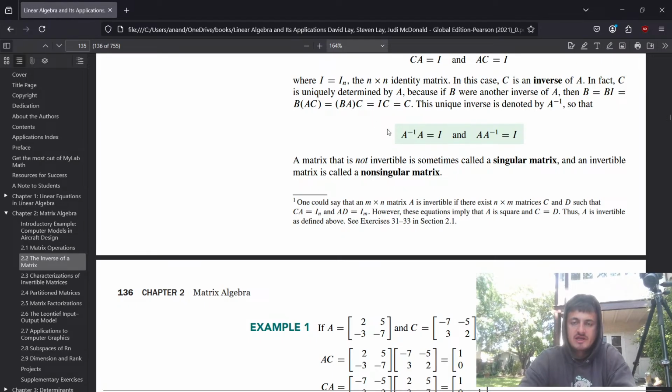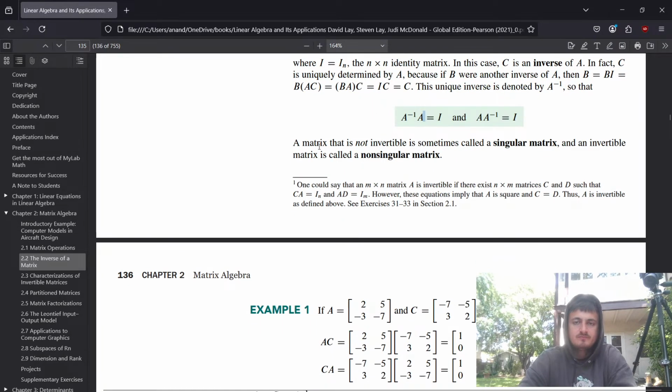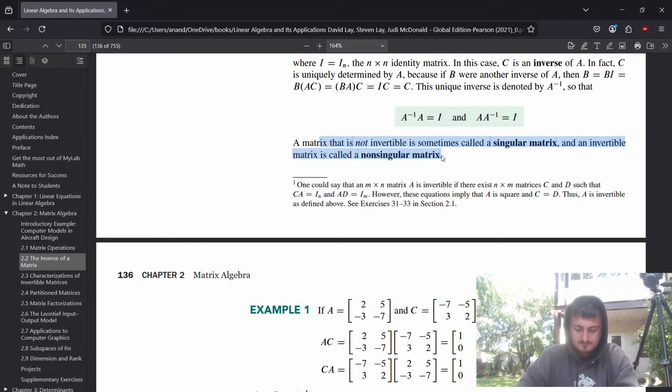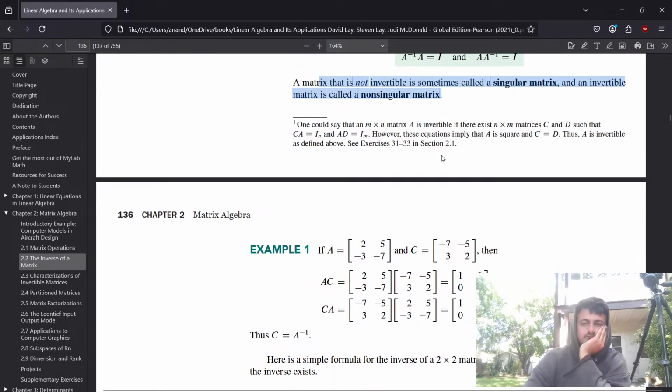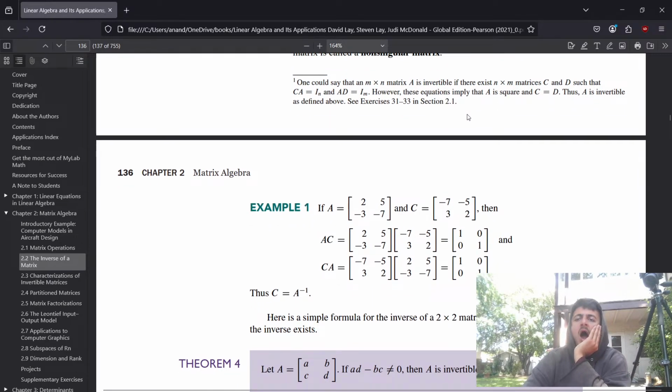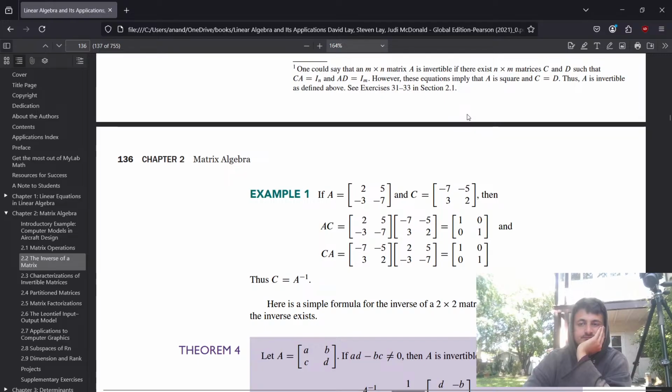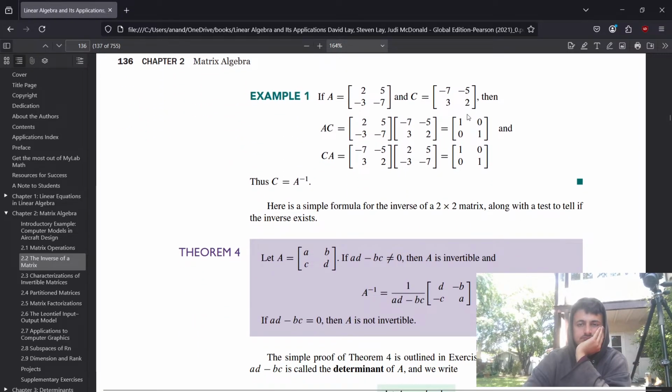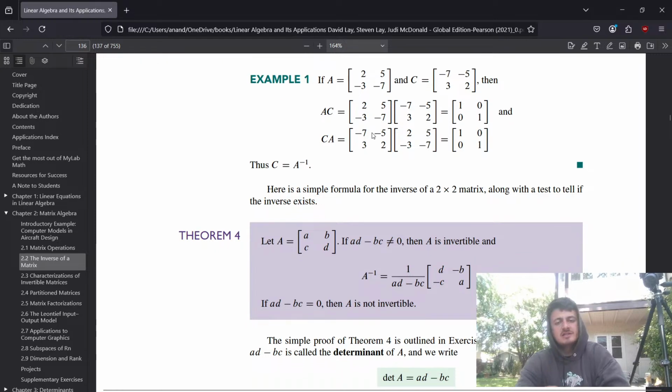Okay, so we just say A^-1 is the inverse. A matrix that is not invertible is called a singular matrix. Okay, here's an example where we verify it.